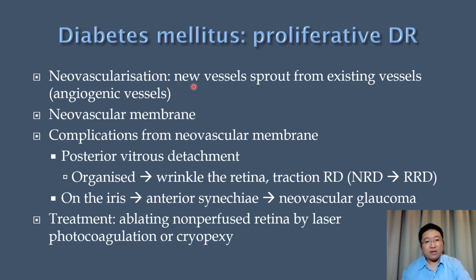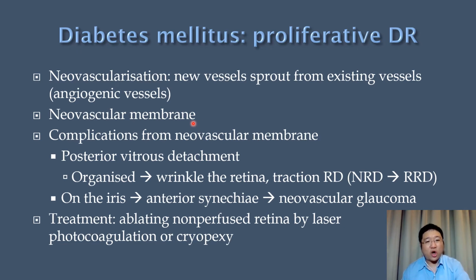Neovascularization within the retina is called intraretinal neovascularization, right? But if the vascularization extends through the internal limiting membrane, that is proliferative diabetic retinopathy, and the new neovascular membrane is very problematic.